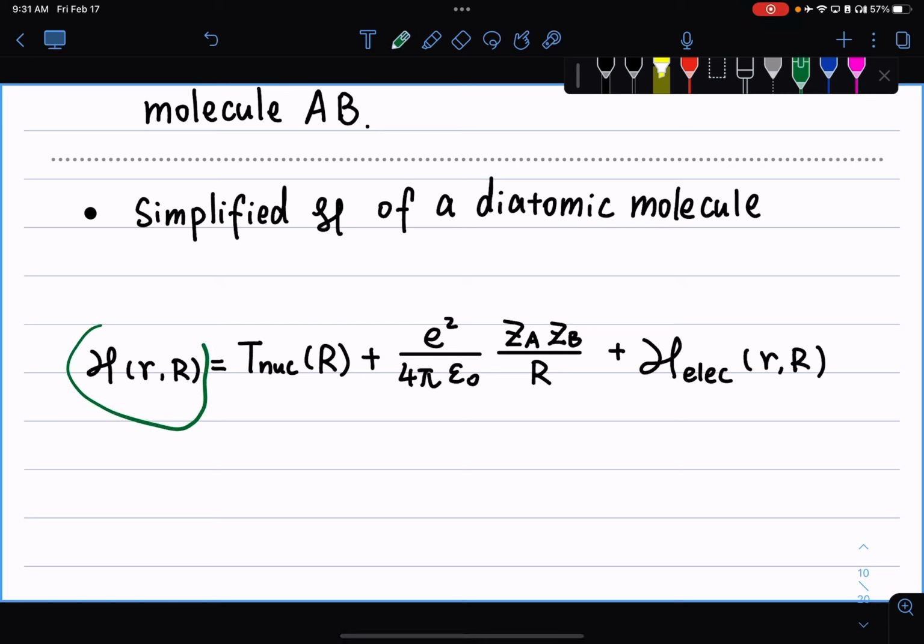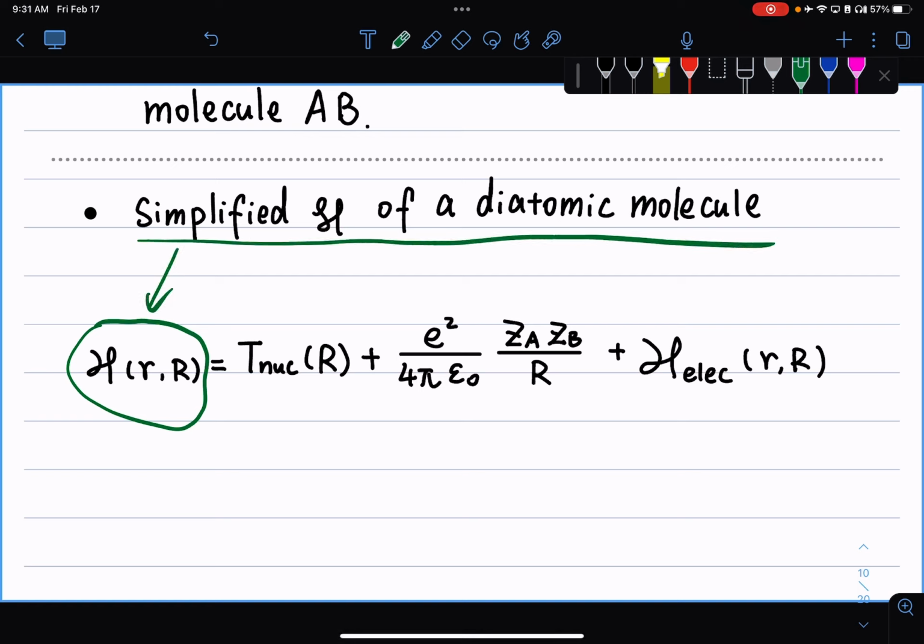So this is the simplified Hamiltonian of the diatomic molecule. And in here, the first term, T nuclear, is the kinetic term of the nuclei. So that's just talking about the movement of the nuclei itself.